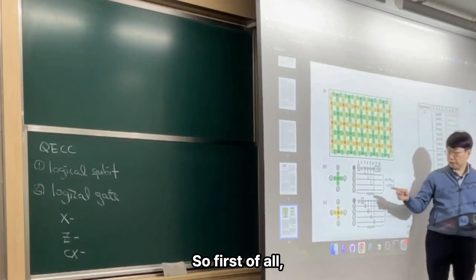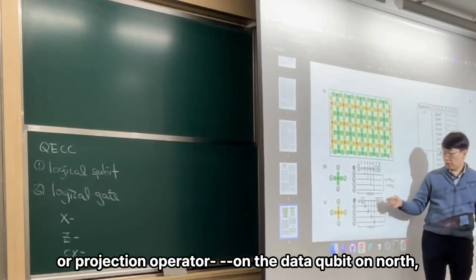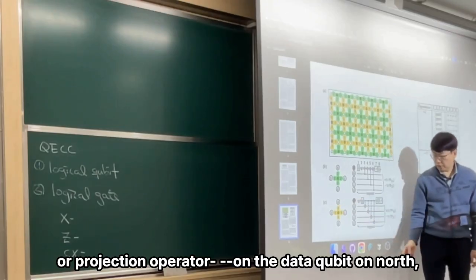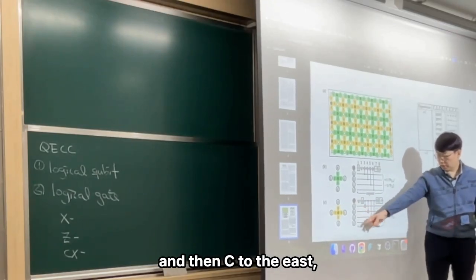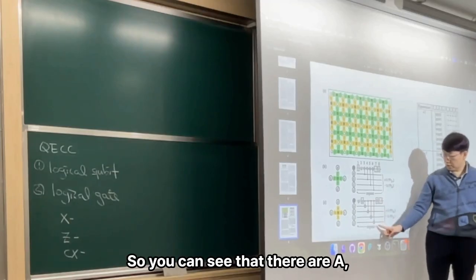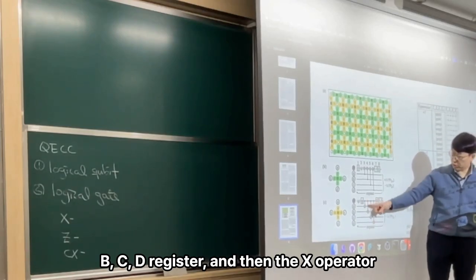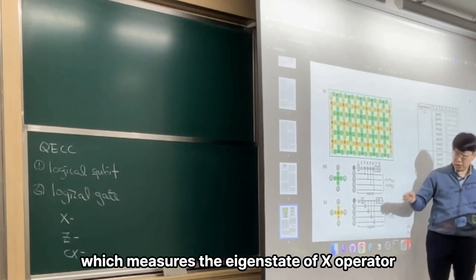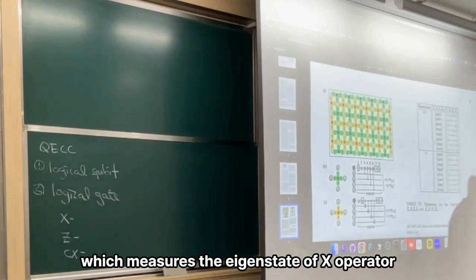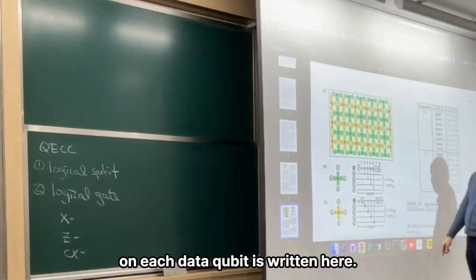First, the X stabilizer takes a projection operator on the data qubit to the north, A, then B to the west, then C to the east, and D to the south. You can see the ABCD registers, and the X operator, a projection operator which measures the eigenstate of the X operator on each data qubit, is written here.